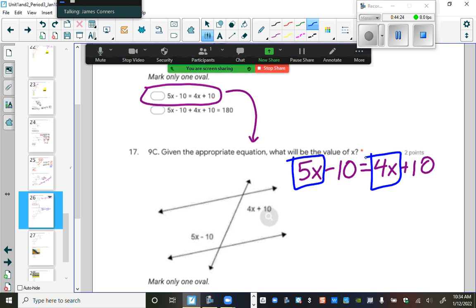Finish solving for x here. You gotta add the 2.